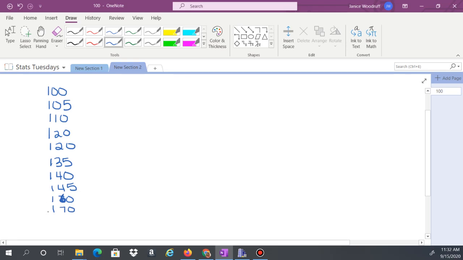So when I rank these, let's find the median. Okay, so these are my two middle values. So my median is going to be 120 plus 135 divided by 2.